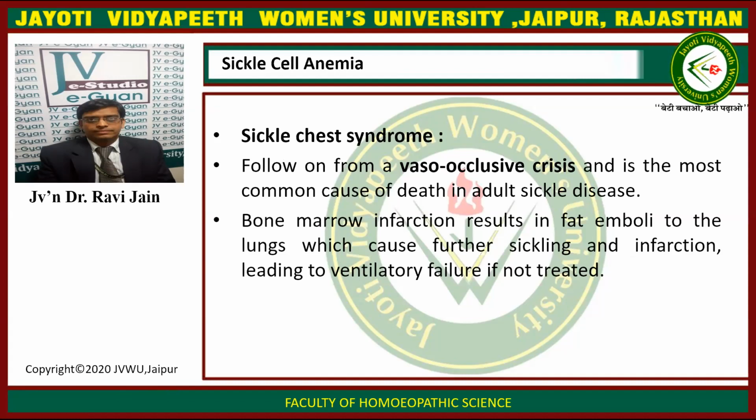Next, we have sickle chest syndrome. It follows on from the vaso-occlusive crisis, and it is the most common cause of death in adult sickle disease. The bone marrow infarction results in fat emboli to the lungs, which cause further sickling and infarction, leading to ventilatory failure if not treated.